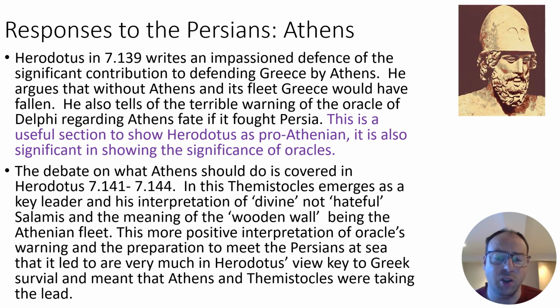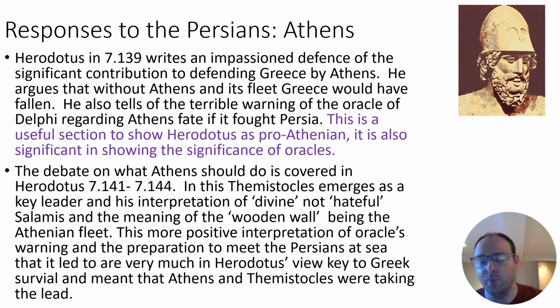And this more positive interpretation of the oracle's warning, and the preparation that it leads to, in Athens in particular but in other states as well, to meet the Persians at sea, is very much, in Herodotus' view, key to Greek survival. What this suggests is that it's Athens and Themistocles that are taking the lead in the preparation for and then in the upcoming war against Persia, which gives us a slight shift from some of what we've seen earlier in terms of the setup of the Hellenic League.